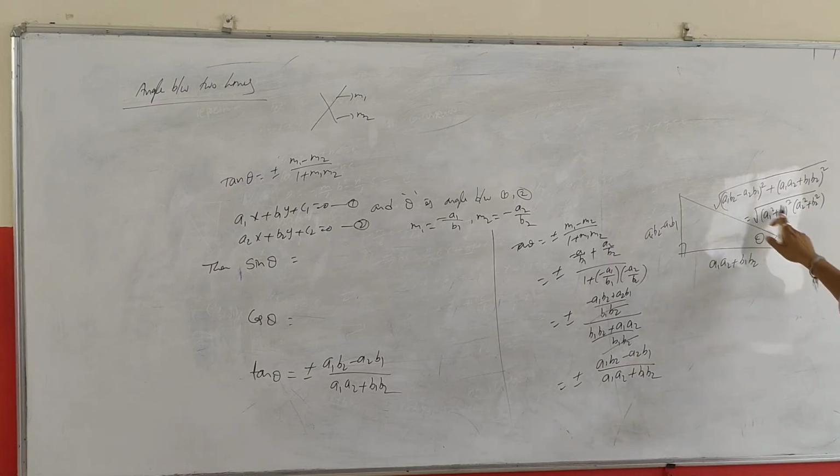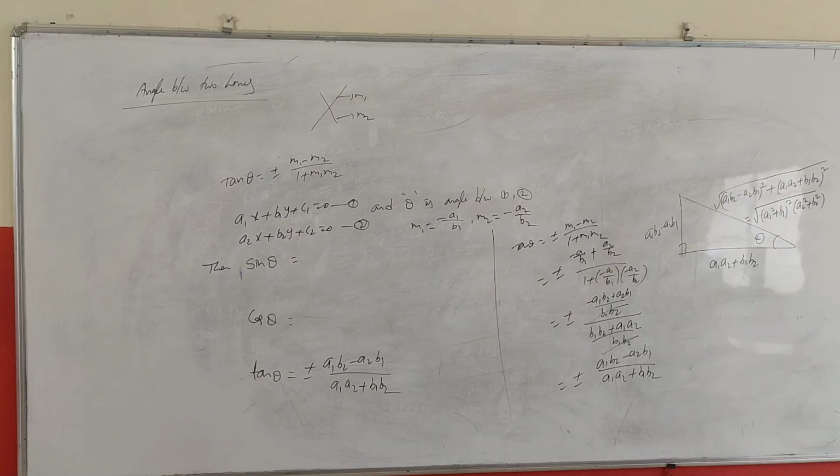If you simplify, applying the (a minus b) whole square and (a plus b) whole square formulas, you get this form: (a1 square plus b1 square) into (a2 square plus b2 square). Derivation is not important, just write it directly.